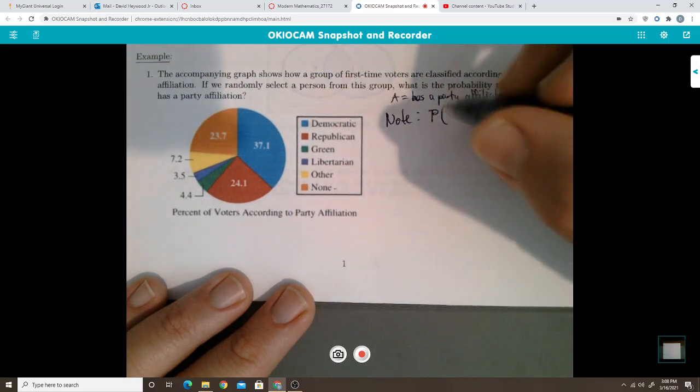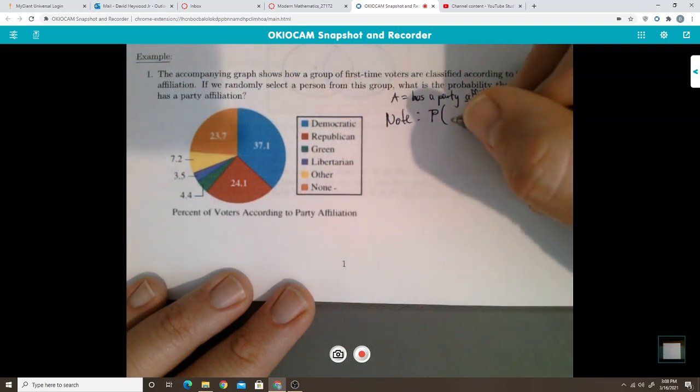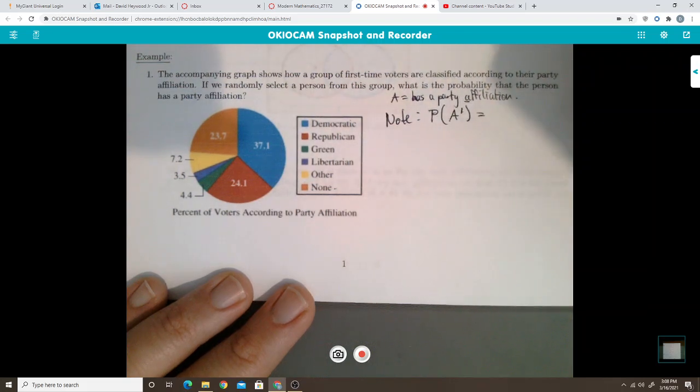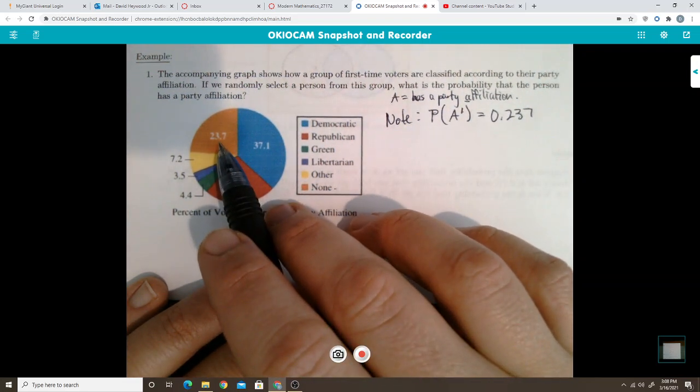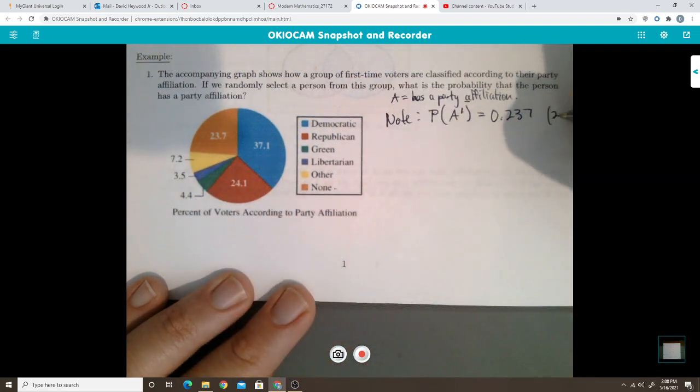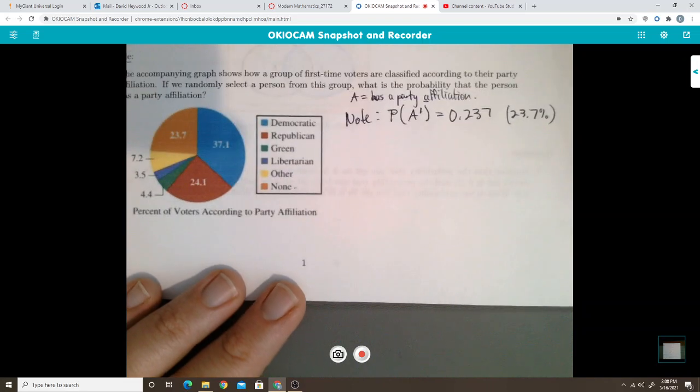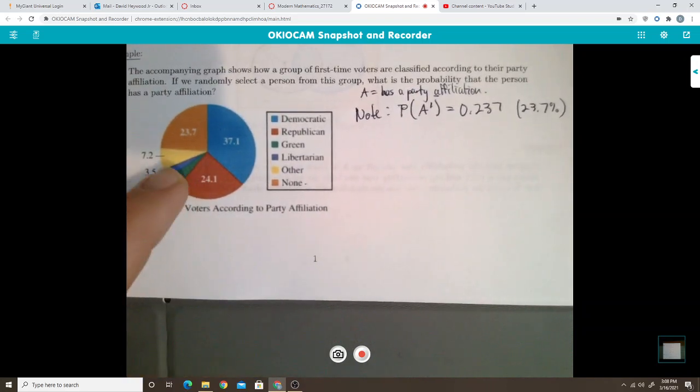So note then that the probability that they do not have a party affiliation, so the probability of A complement, is 0.237, right? 23.7%. And you can see that in the pie graph here.